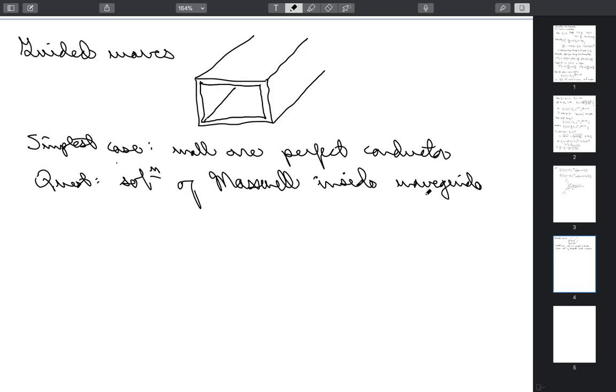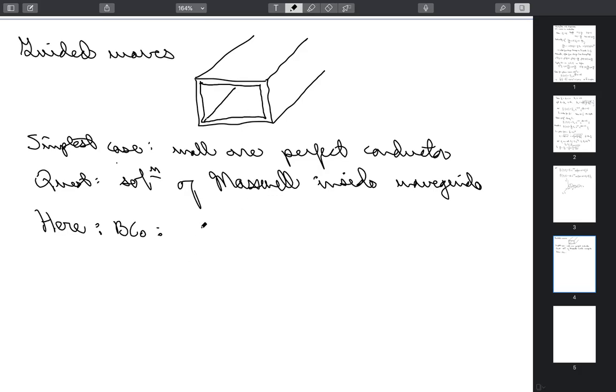Okay, and by now you know how this goes. What we have to do is to find propagating wave solutions to Maxwell's equations with boundary conditions specified by the particular system we're considering. So in this case, the boundary conditions are quite simple, because these things are made of perfect conductors.